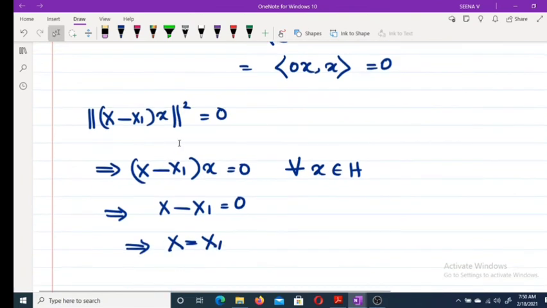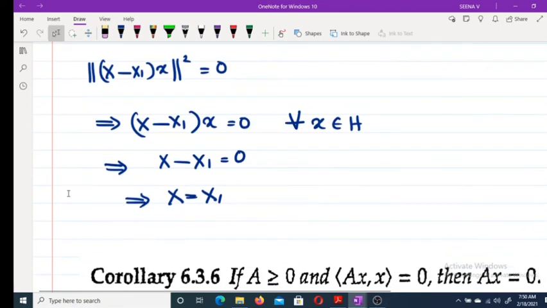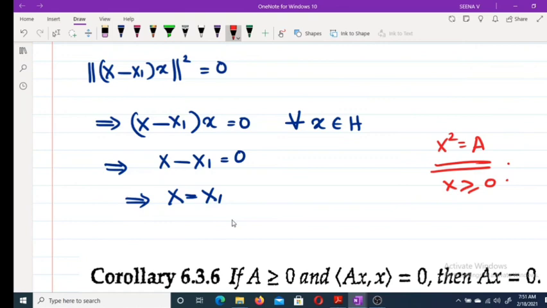This term equal to 0 means x minus x1 x equal to 0 for every x belongs to h. That means x minus x1 equal to 0. This implies x is equal to x1. Thus we get there is a unique x such that x square equal to a and x greater than or equal to 0.